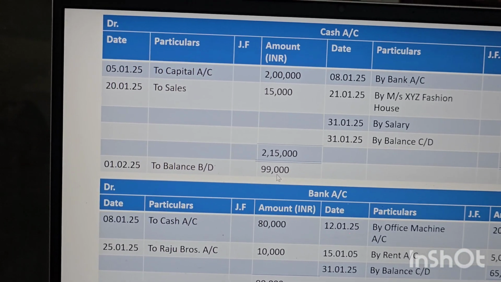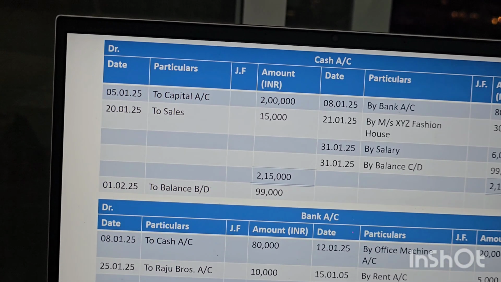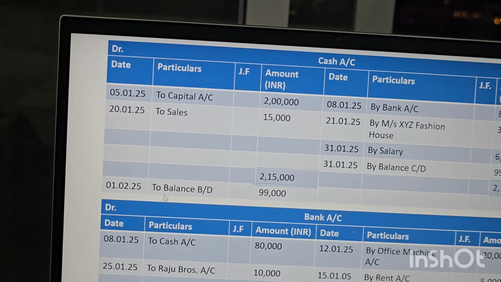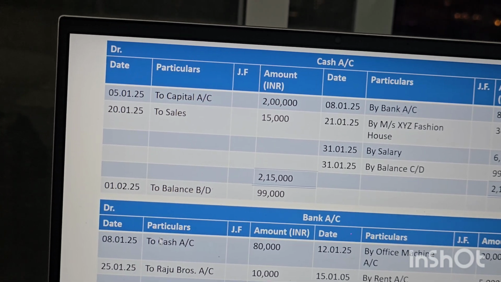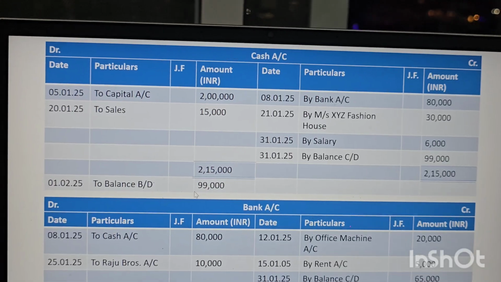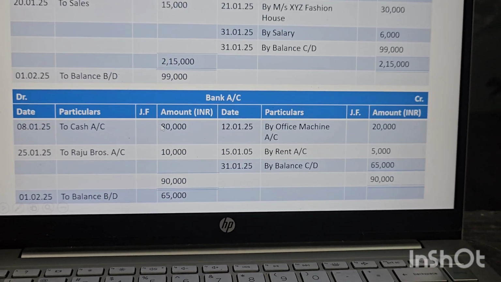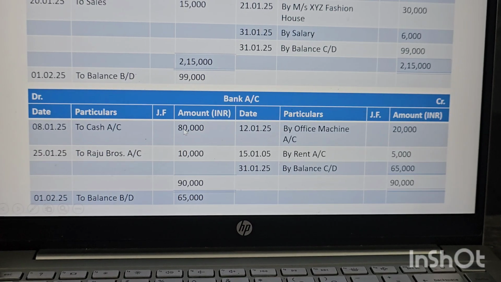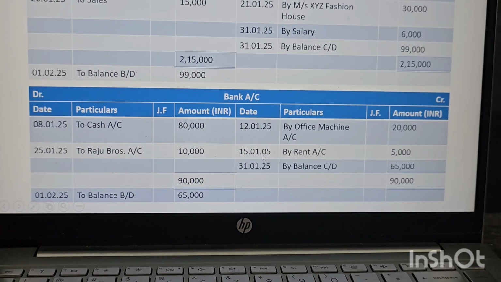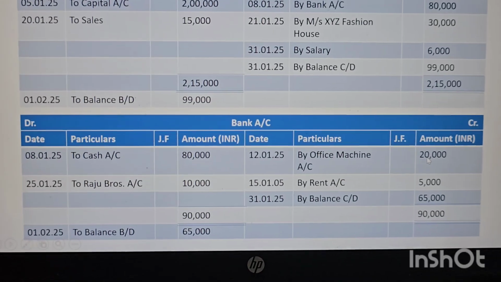In the next month, say for example February, there will be multiple transactions for the cash. All those transactions will come at the very next lines of the cash account. So this is how the cash account looks. Similarly, in the bank account, we have a debit side of 80,000 and 10,000, and on the credit side we have transactions of around 20,000 and 5,000.